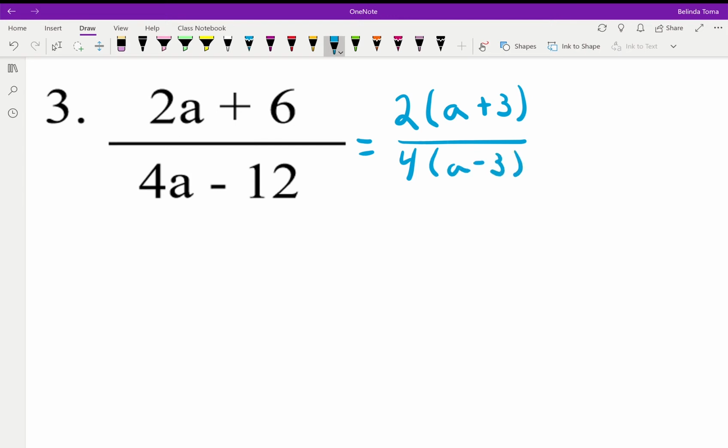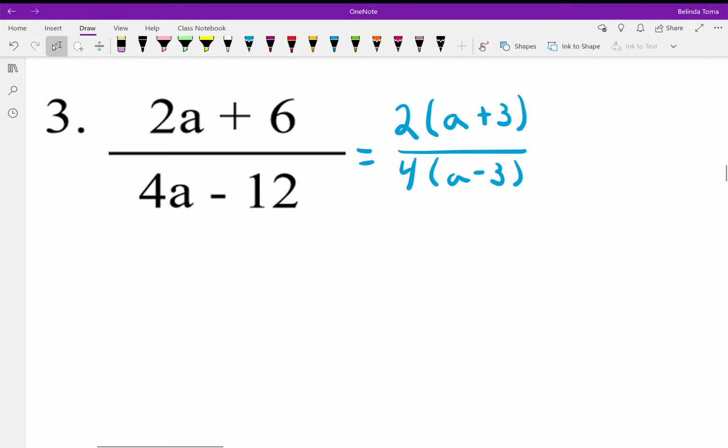Now again, reminder, we can't cancel the a's because they have addition and subtraction, but what we can do, just like we would reduce 2 over 4, we can cancel here, and then our simplified answer would just be a plus 3 over 2 times the quantity of a minus 3.